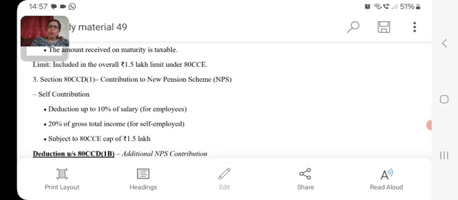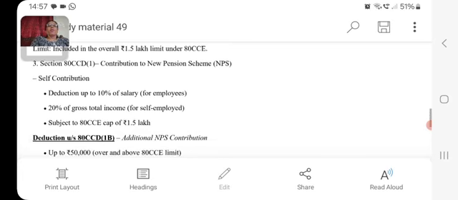Now let us go through another important section, that is section 80CCD1, that is contribution to new pension scheme. Here the contribution made by the assessee himself towards the NPS, then he can avail deduction under section 80CCD1 to the extent of 10% of salary or 20% of gross total income.